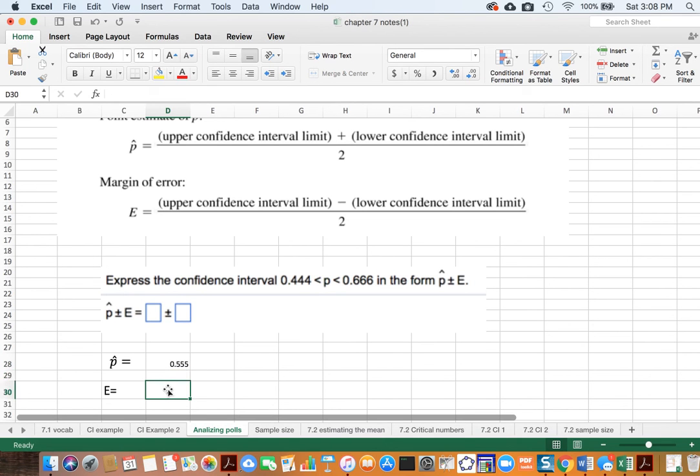And if we want to find the margin of error, which will always be positive, subtract. So here our sample proportion was 0.555 and our margin of error was 0.111.